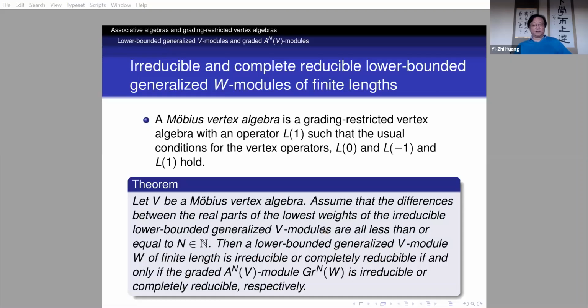That's the only direction, because the other direction is already proved in a more general case. So in this case we can prove this. Here the main assumption is that the differences between the lowest weights of irreducible lower bounded generalized V-modules should be less than or equal to N. This is not always easy to verify, but in some particular situations, if you have already classified irreducible modules, then you can still do that.